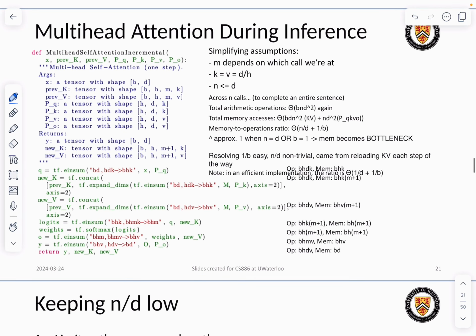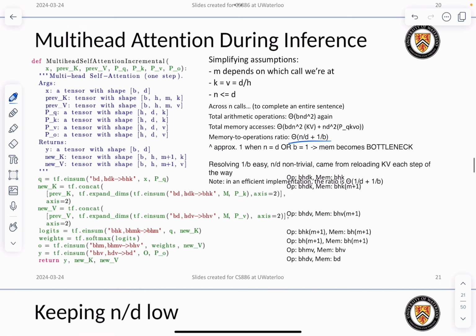But for inference, it becomes n over d plus 1 over b. And 1 over b is easy to deal with. We just increase the batch size to be larger. But n over d is something that we might need to worry about.